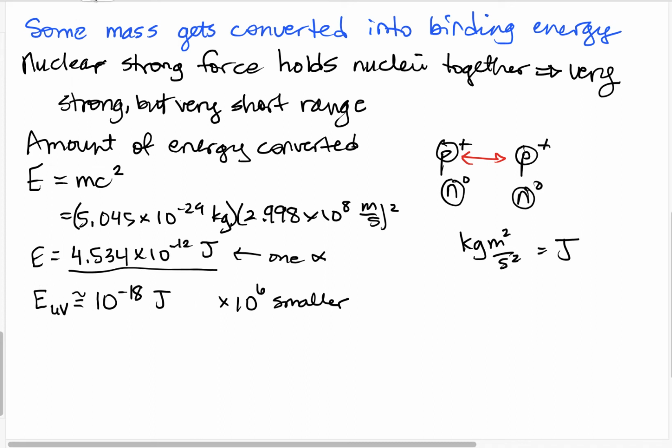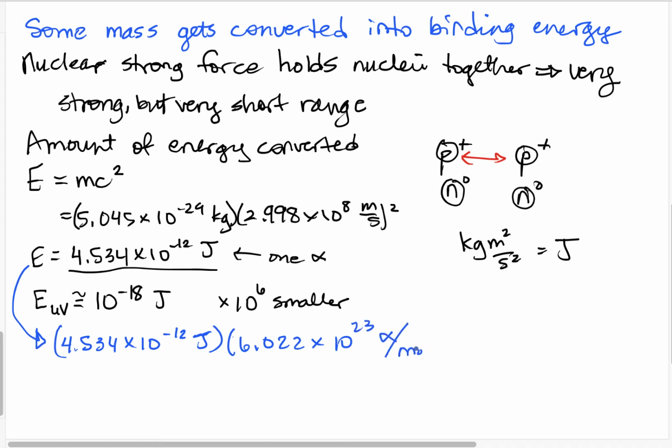So if we convert this into moles, so energy in kilojoules per mole, we can do that by taking this number and multiplying it by a mole. So if we have not just one alpha particle, but a mole of alpha particles, we're going to multiply by 6.022, sorry, times 10 to the 23rd alpha particles per mole.